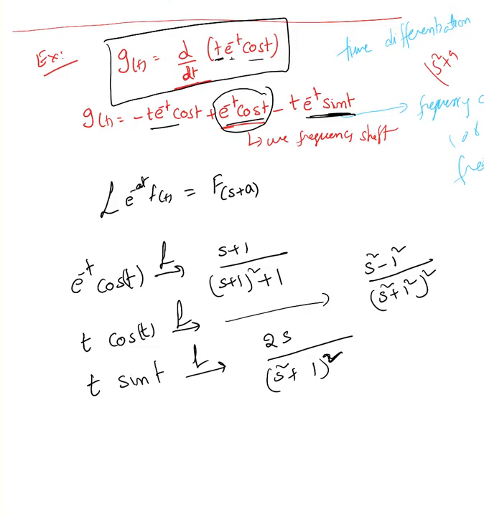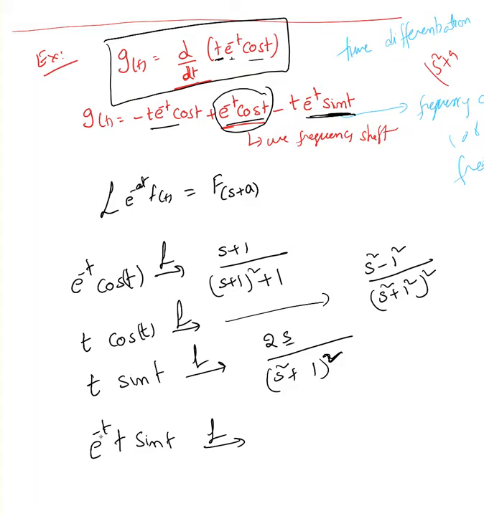Now I'm going to use the frequency shift property. So I already know t times sine t. So the Laplace transformation of e to the power of minus t times t sine t: all I need to do is substitute, instead of s, I'm going to put s plus 1.